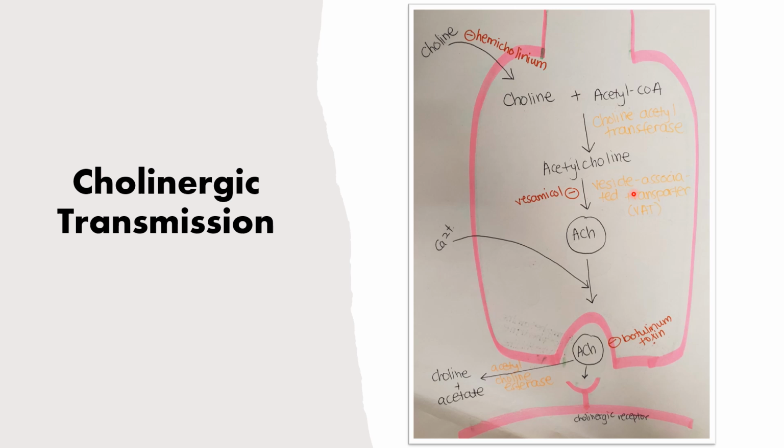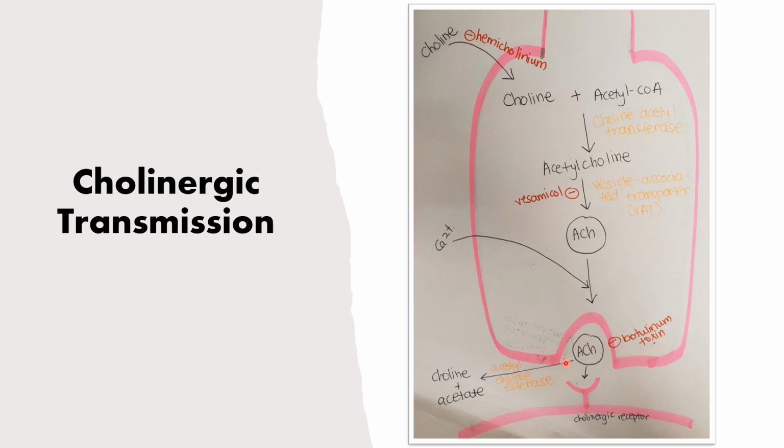This again can be inhibited by a drug called vesamicol. When acetylcholine is packaged in the vesicle, the influx of calcium helps with the exocytosis of acetylcholine. The release of this can be inhibited by botulinum toxins.